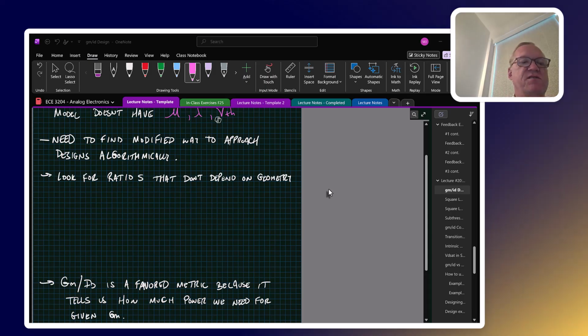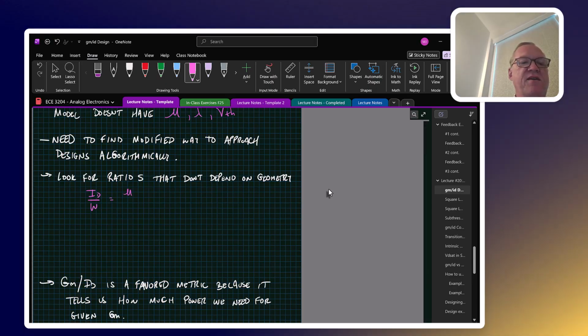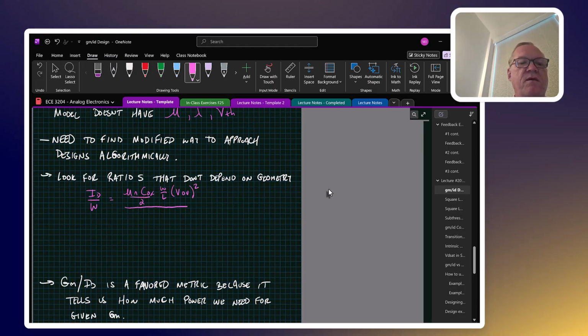So for instance, I could use the ratio of ID over W. Here I know that ID is equal to mu n C ox times W over L times VOV squared. I forgot a factor of 2 here. And if I divide this all by W, then to a first order, the W cancels, and there's no dependence on geometry.